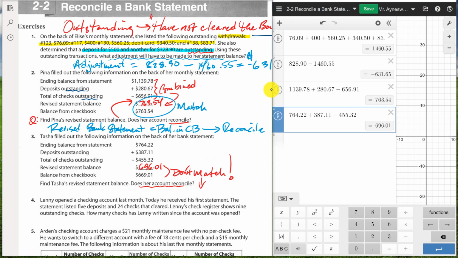Okay, so the statement from the bank, taking into account the outstanding deposits here, the word outstanding is important, and outstanding checks, has to reconcile, meaning it has to match your checkbook. And if it doesn't, that means someone made a mistake. So I'm going to say no. Okay, no, they do not. They do not reconcile because the revised bank statement balance does not equal the checkbook. Okay, these are not equal.